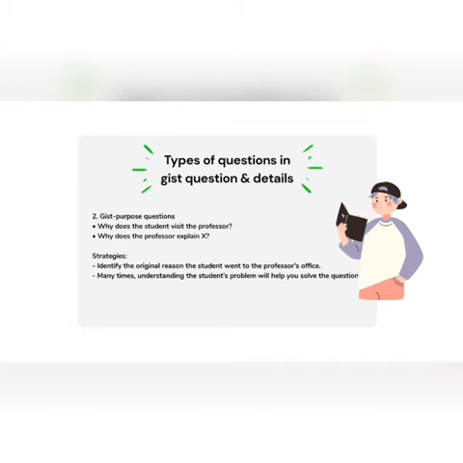And the tips for this type of question: first, identify the original reason why the student went to the professor's office. The second tip is, many times, understanding the student's problem will help to solve the question. So it is really important for you to understand the student's problem.